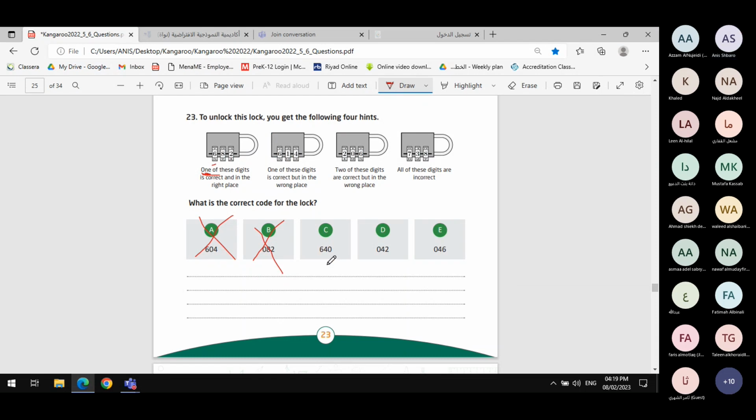C, I think it's the correct answer because in the first one, one of these digits is correct and in the right place. So 6 is the correct digit. I think it's 6 because 6 is in the first place. And the second thing, one of these digits is correct but in the wrong place.